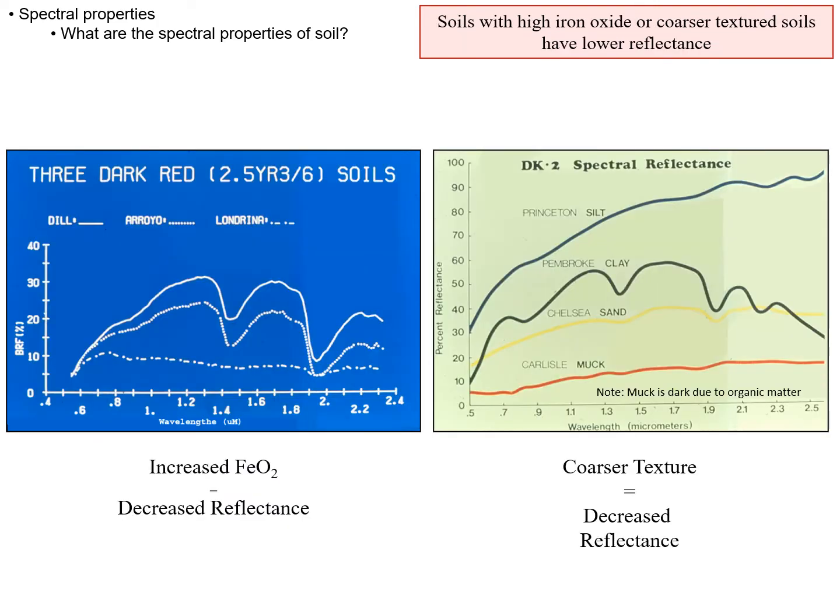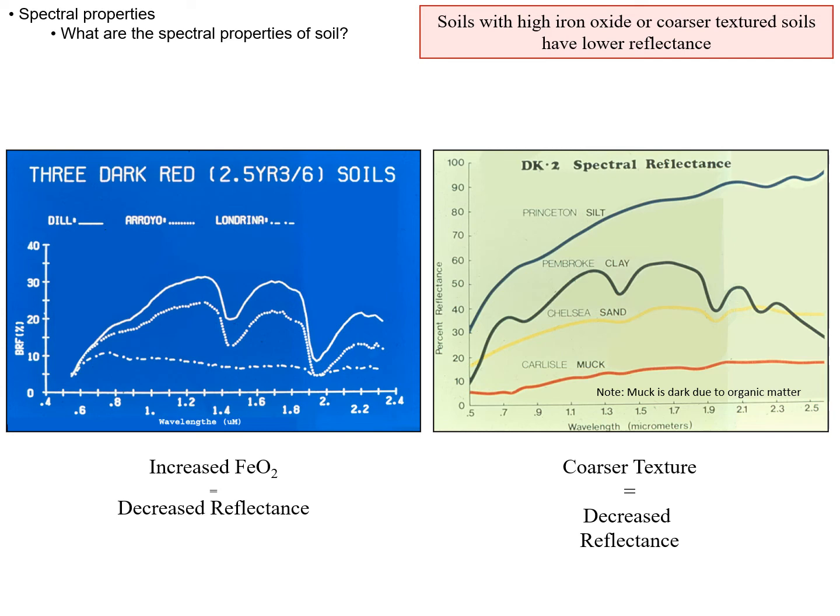Increased iron oxides on the left give you decreased reflectance, so those soils become darker. A coarser texture is also associated with decreased reflectance, so as you go from a finer silt or clay, those have higher reflectance.